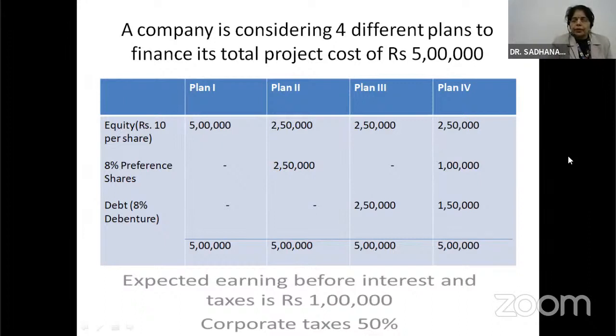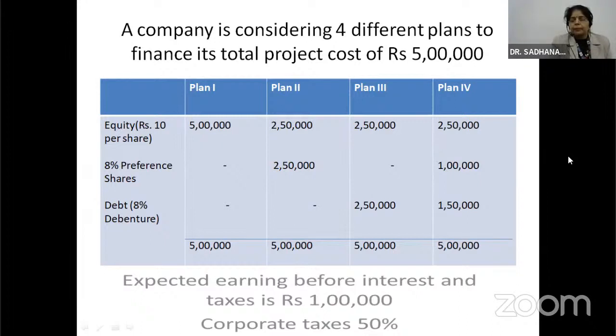And in plan 3, we are using two sources of funds, equity shares and debentures. Again, it is bifurcated 50-50% of the 5 lakh, 2 lakh 50,000 through equity shares of rupees 10 per share, and 2 lakh 50,000 by 8% debentures in plan 3.